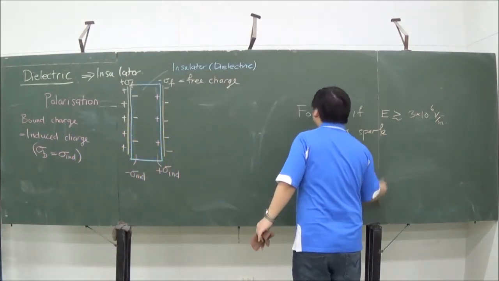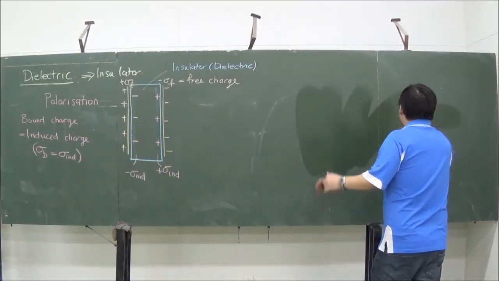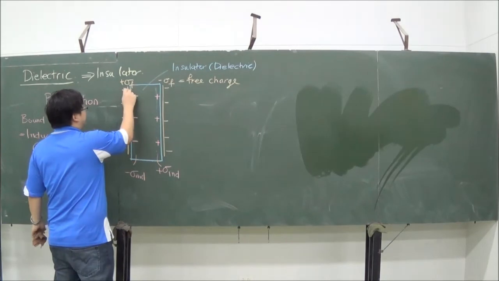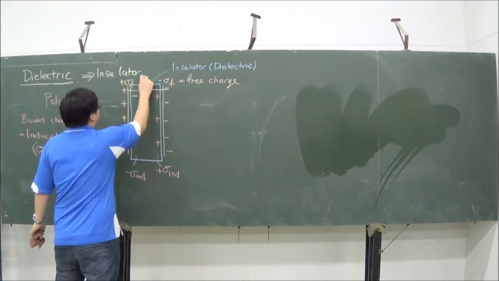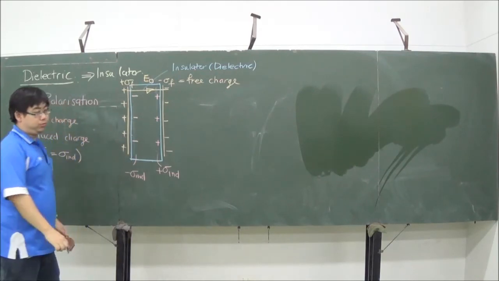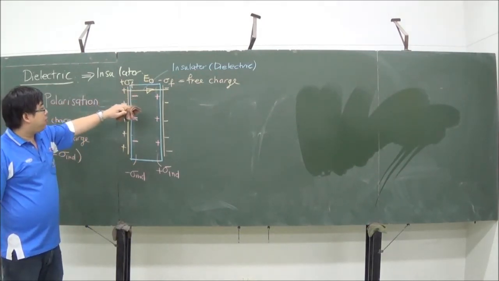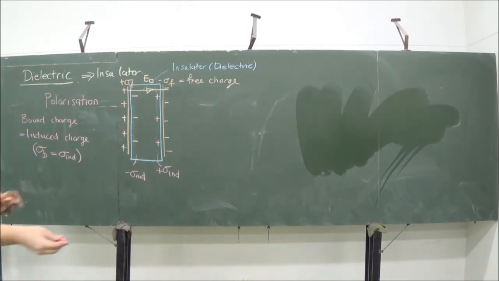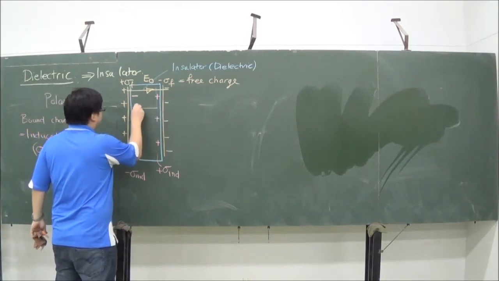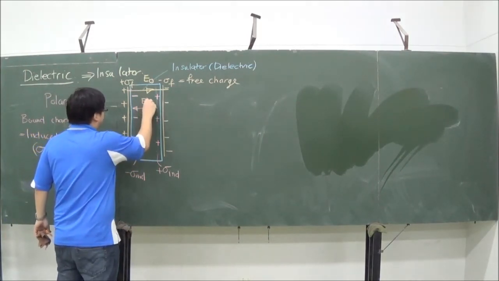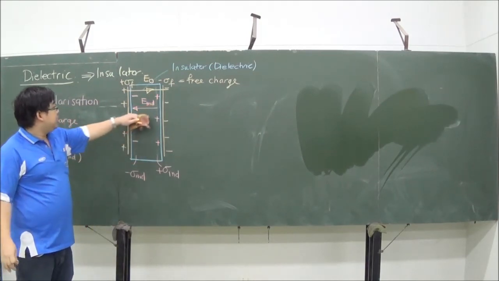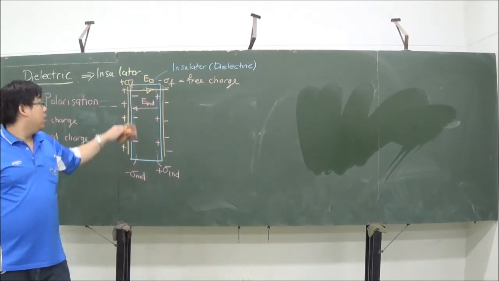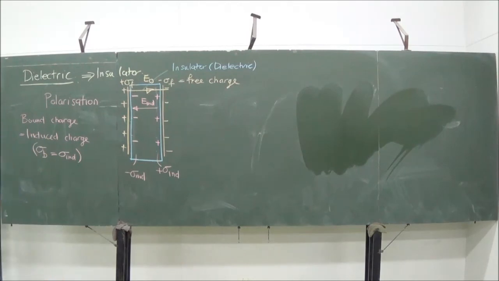What we know is that the polarization effect must happen here. This free charge will create the electric field E0, and this E0 is the electric field before we insert the insulator. However, the induced charge will also create the electric field E induced, and as you see here, the induced electric field always points in the opposite direction to the electric field produced by the free charge.